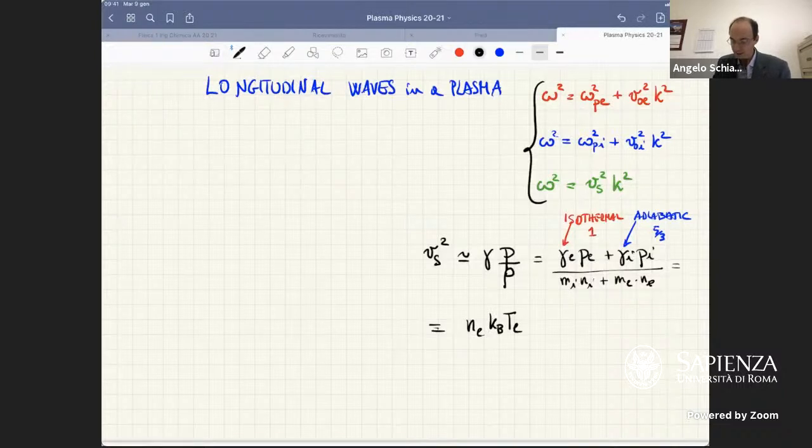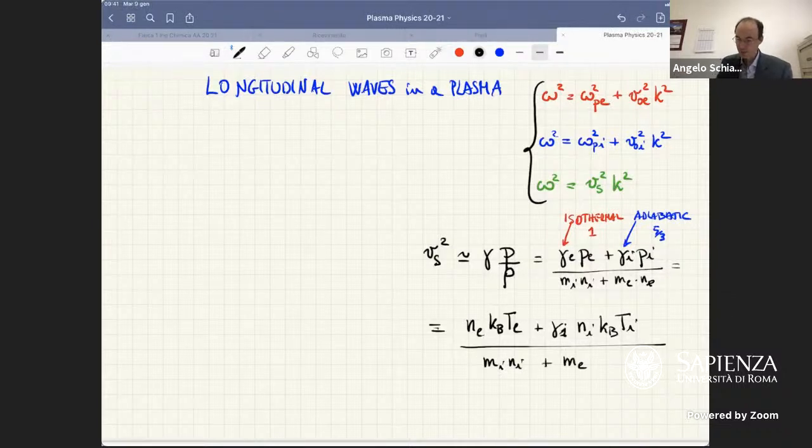The second one is the gamma of the ions times the pressure of the ions, and the pressure of the ions is the density of the ions times k_B, temperature of the ions, divided by the densities. Let's leave both of the terms here, and now we do our simplifications.